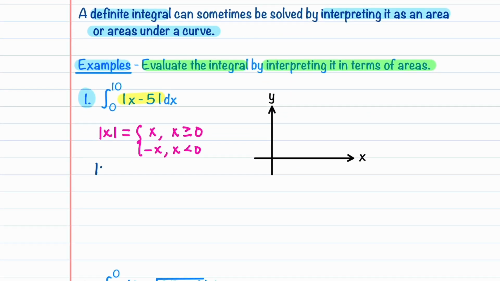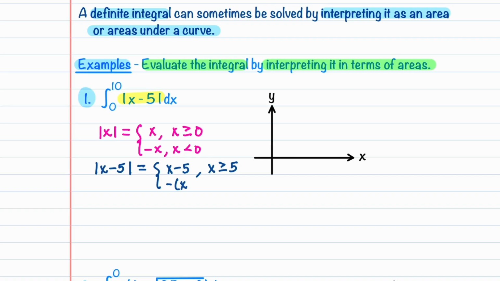We can then write down that the absolute value of x minus 5 using the same pattern is x minus 5 when x is greater than or equal to 5, and then minus the quantity x minus 5 when x is less than 5. We are integrating our function from 0 to 10.